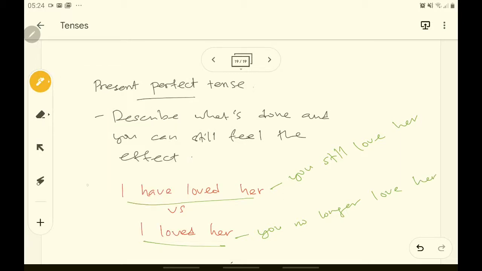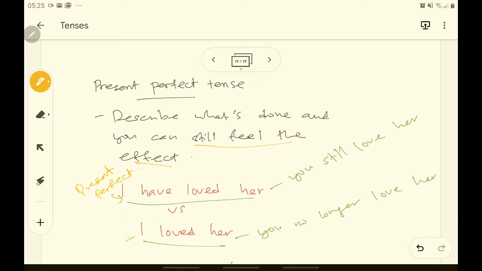The first one, present perfect, means that you did the action of loving, but you still love that person. Okay, you still feel the effect.